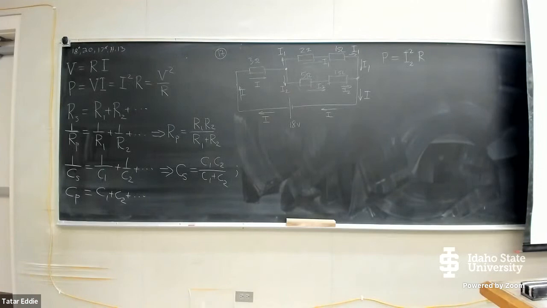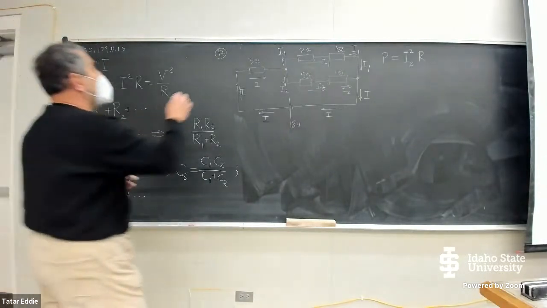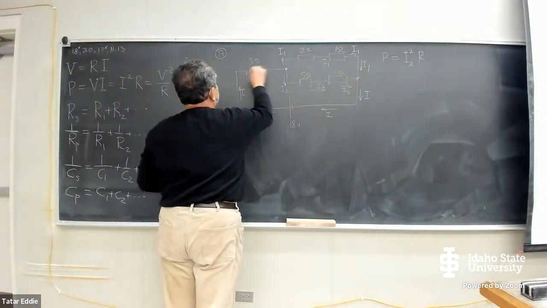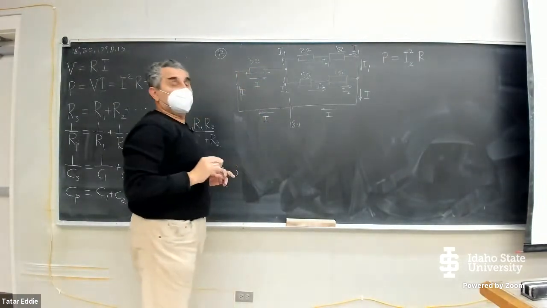The second step in our checklist is to put polarity across every single circuit element according to the direction of current flow. So current always has to flow from high to low potential.